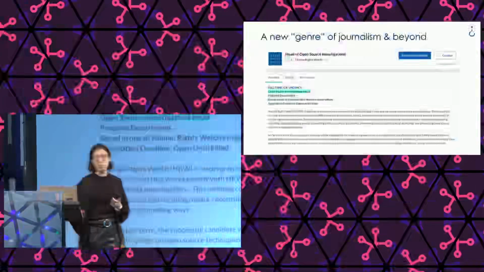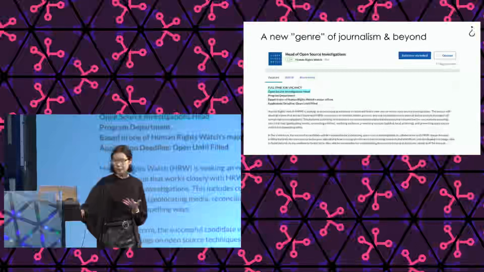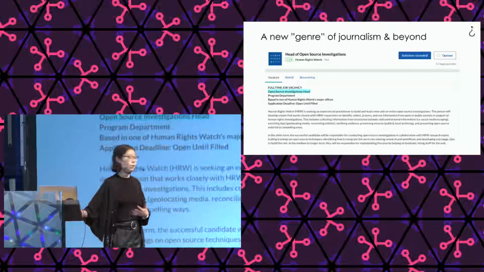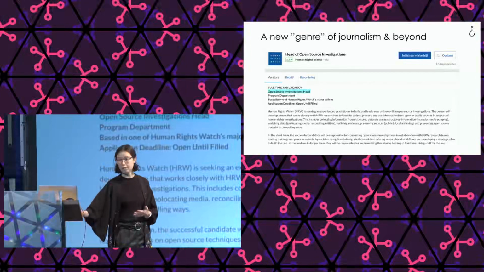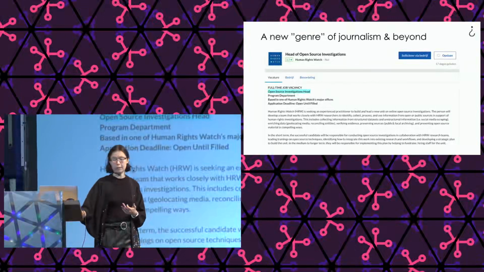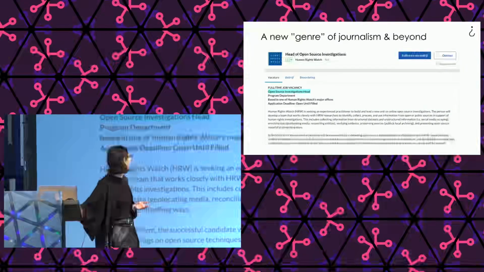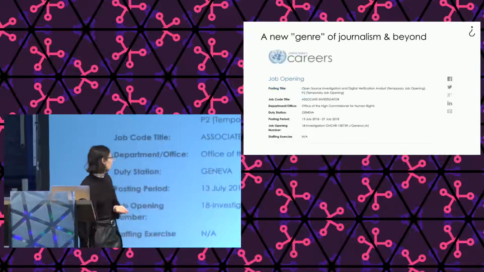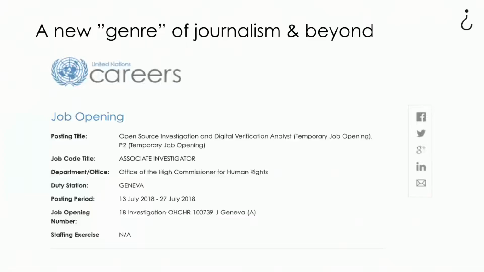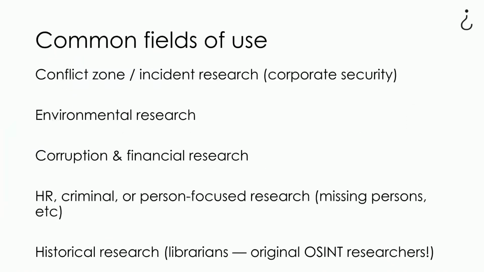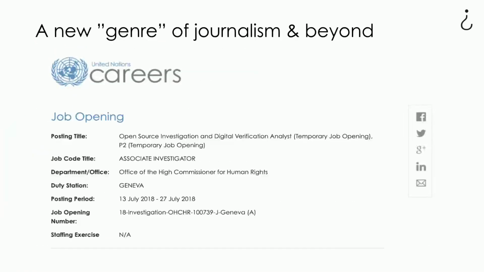This is also getting popular in non-governmental organizations, in human rights organizations. So here's, for example, a vacancy for Human Rights Watch for an open source investigations head. The UN also has a team of open source investigators. Again, this is all because people know how much power these open sources hold.